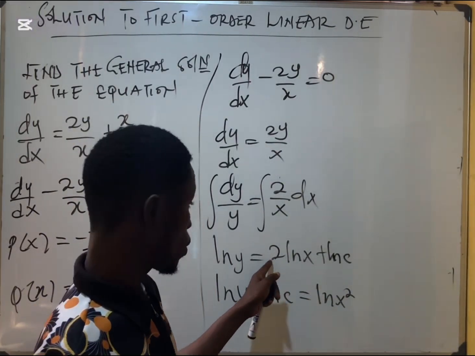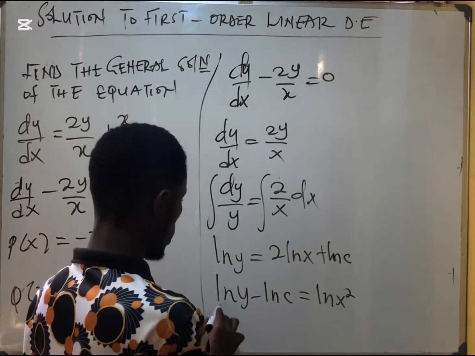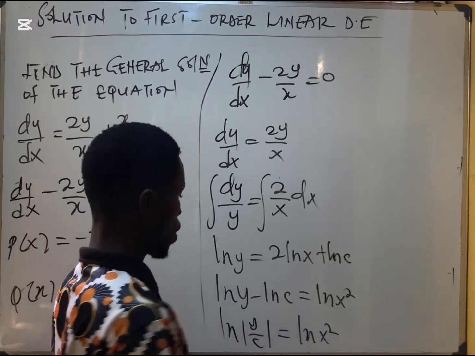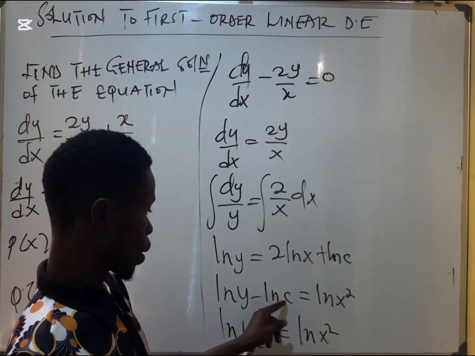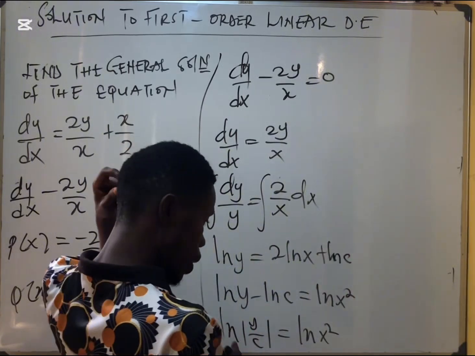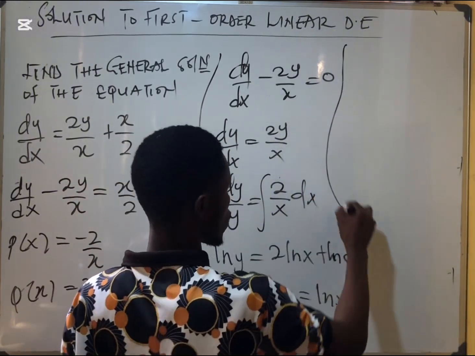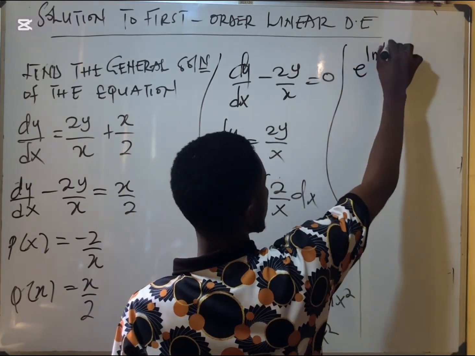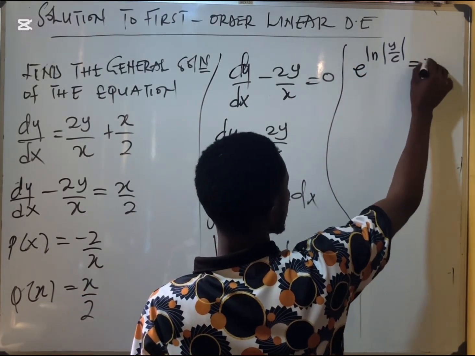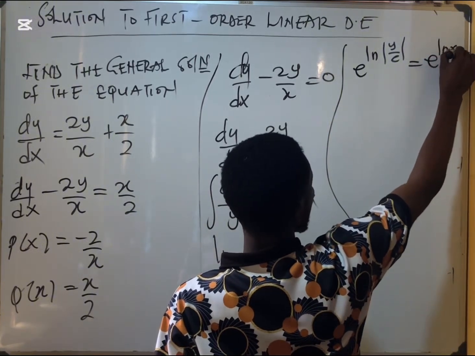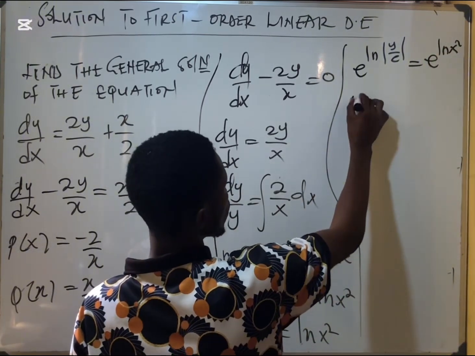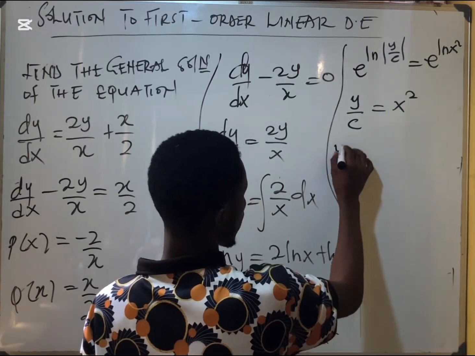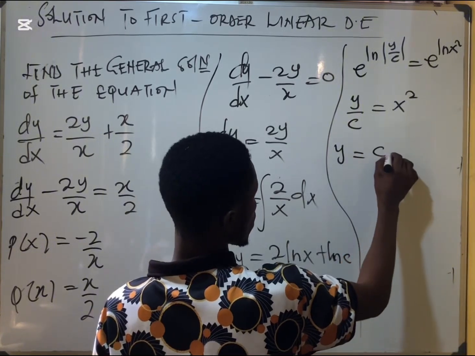By the laws of logarithm, when you are subtracting, you divide, so ln y over c equals ln x squared. So we take e on both sides. I'm going to have e to the power ln y over c equals e to the power ln x squared, and this will give us y over c equals x squared, so that y equals c x squared.